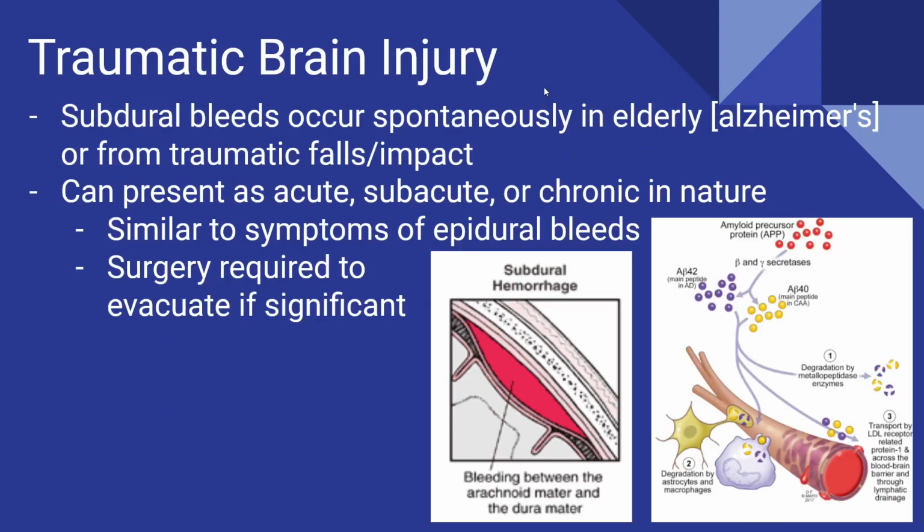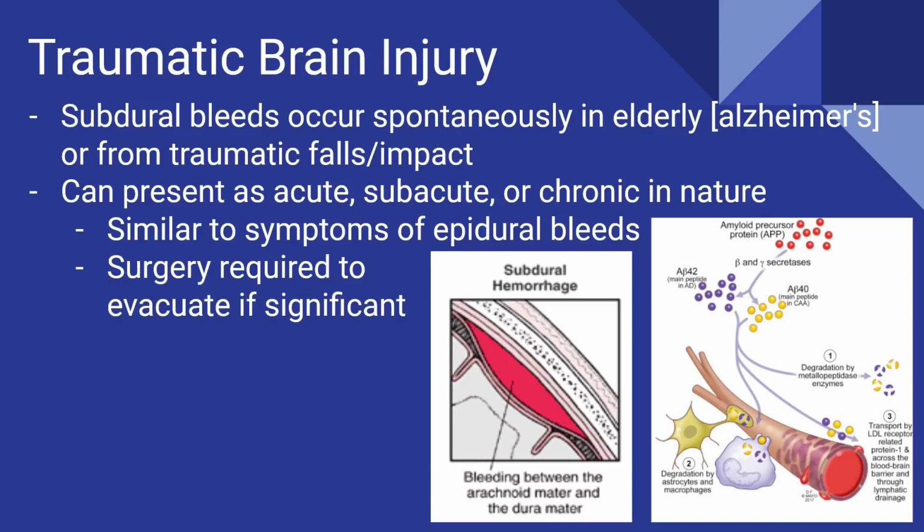Now this is different in subdural bleeds, subarachnoid hemorrhages as well, as they won't always go after these bleeds. Subarachnoids especially can occur in more elderly patients. That's the weaker vasculature.